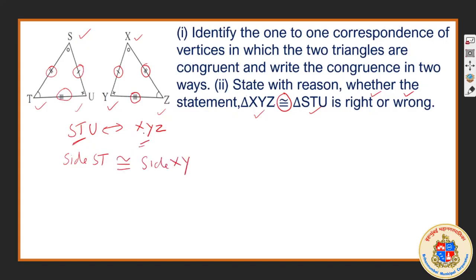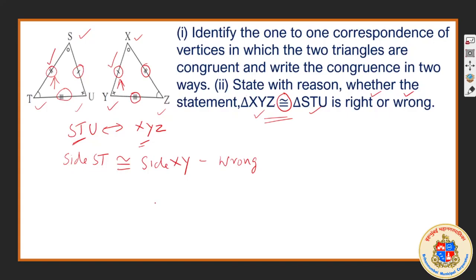If I write this as XY, first two, so this is side ST and this is side XY, but according to this they are not congruent. This is wrong. If this is wrong, then the statement is wrong.